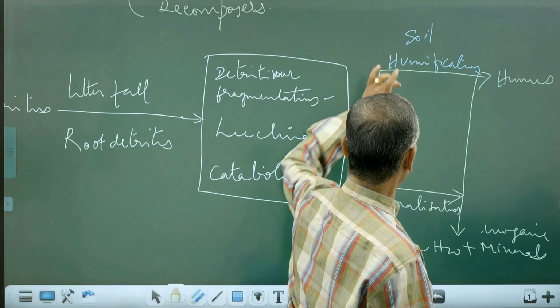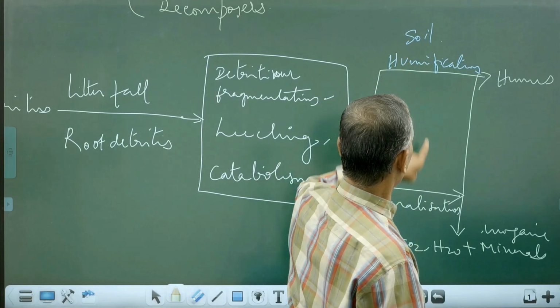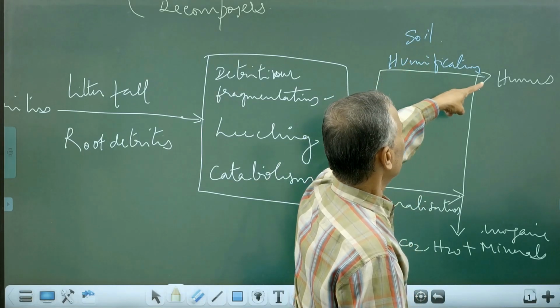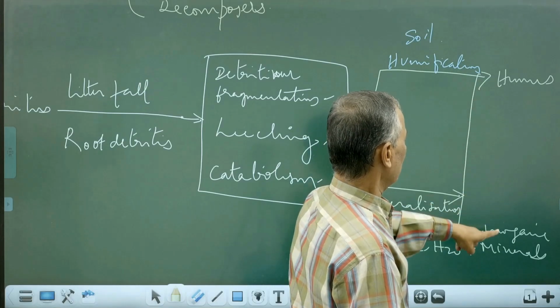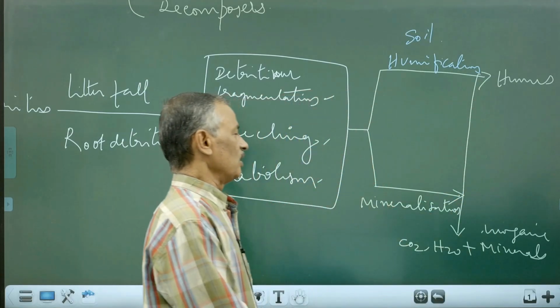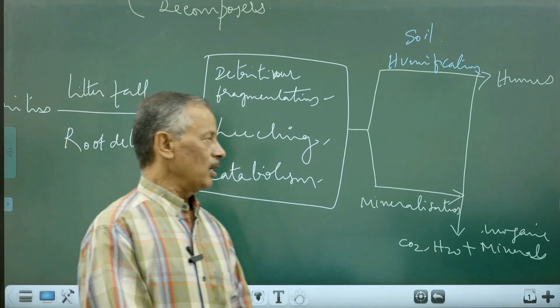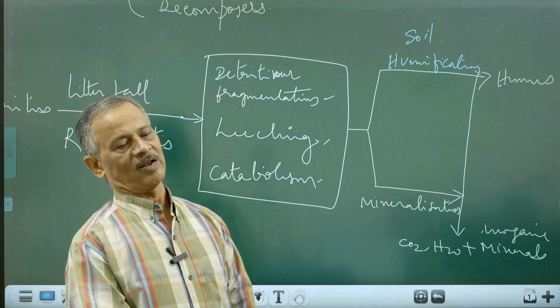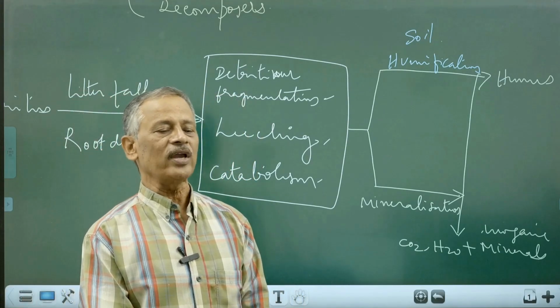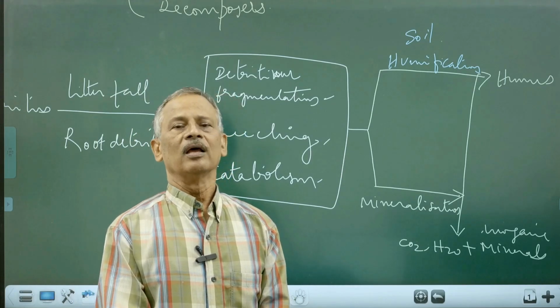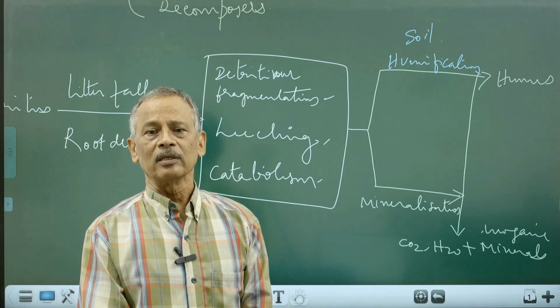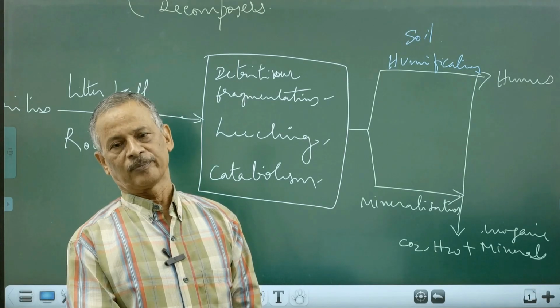So humification and mineralization are occurring in soil, so that you will have humus and finally it is converted into simple inorganic minerals. Okay. So these are the 5 important events that occur during decomposition.